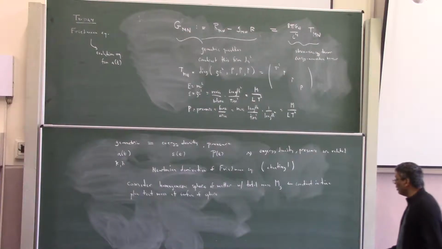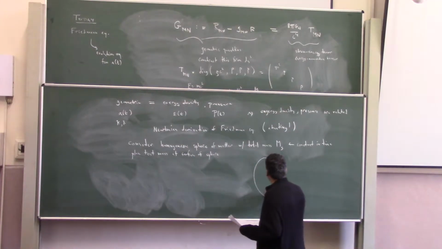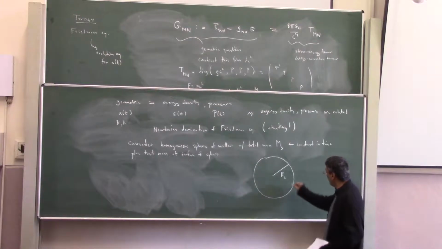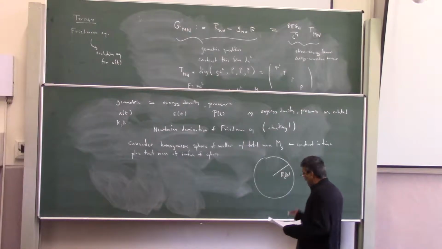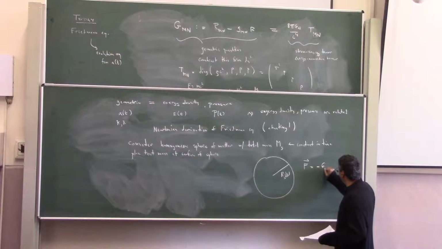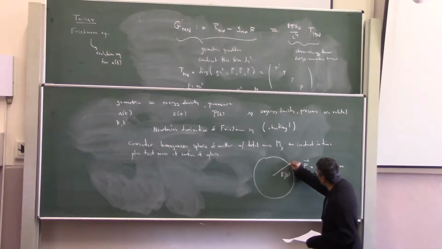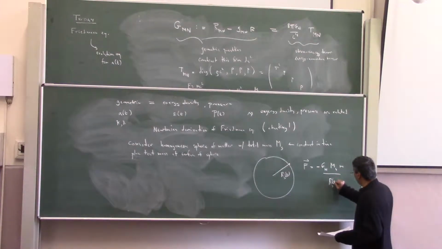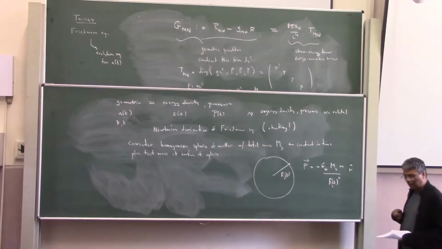Okay, so the picture is you have a sphere of radius r_s, and this radius can be a function of time. The force due to gravity is minus G Newton, the mass of the sphere times the mass of the test mass, divided by r_s of t squared, directed in the radial direction.